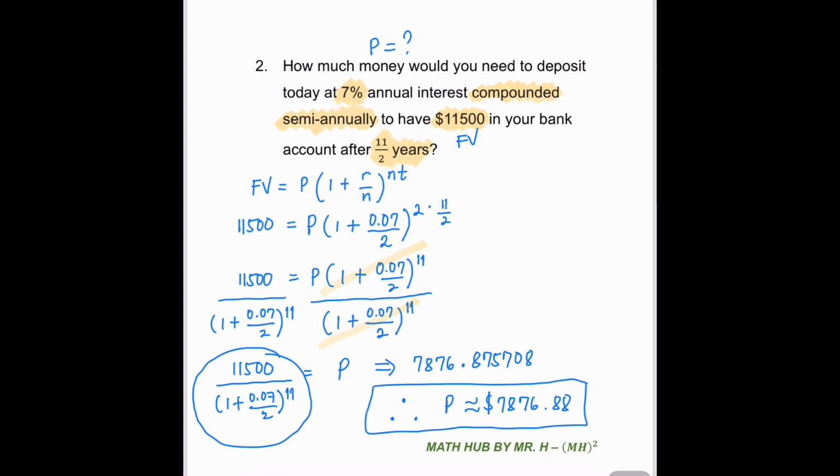So to interpret this answer, this is how much you need to deposit now in order for you to have a future value of $11,500 following this interest rate, compounded semi-annually, over 5.5 years.